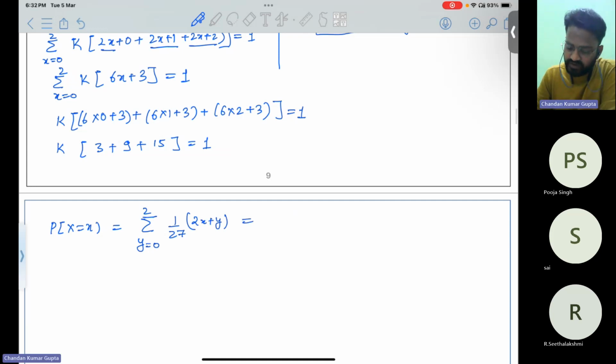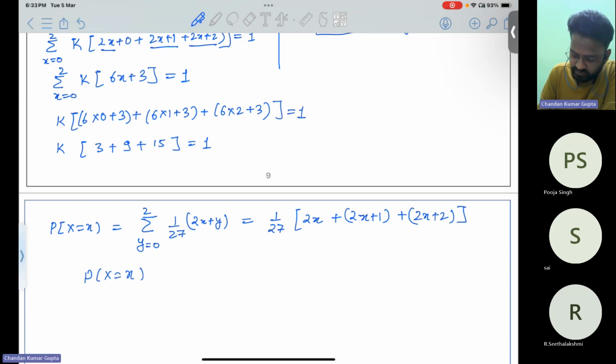Okay, so we put the value. 1 upon 27, it's 2x plus 2x plus 1 plus 2x plus 2.